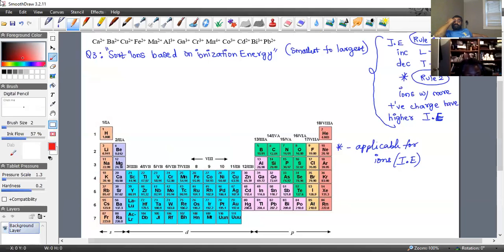Co, Cr, increases left to right. Ga is bigger.